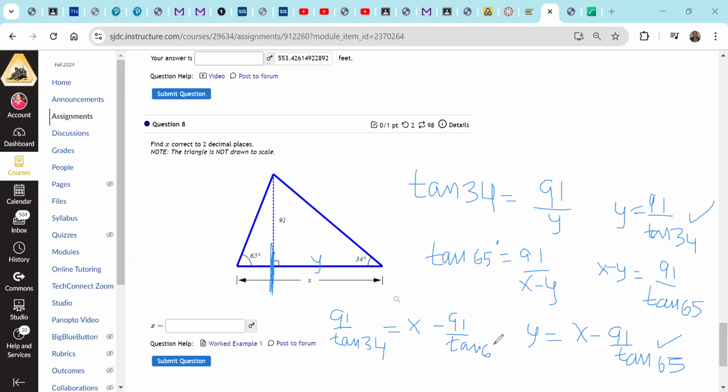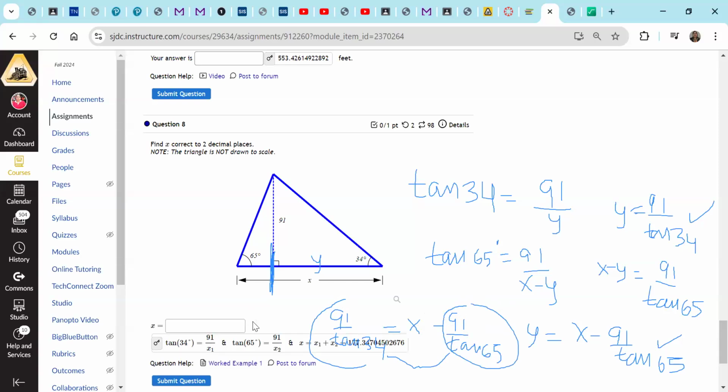Then you keep the x wherever it is. You move this one over here. You simplify this. You simplify this. Add them up and see if you're finding the x value as 177.3470. Check that out. 91 over tangent 34 plus 91 over tangent 65.